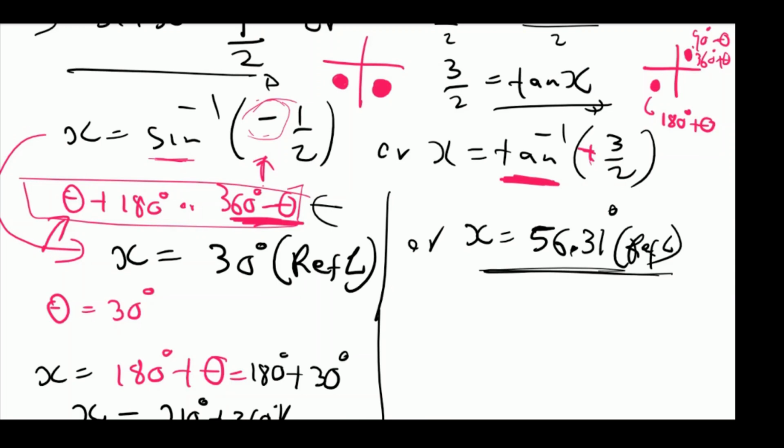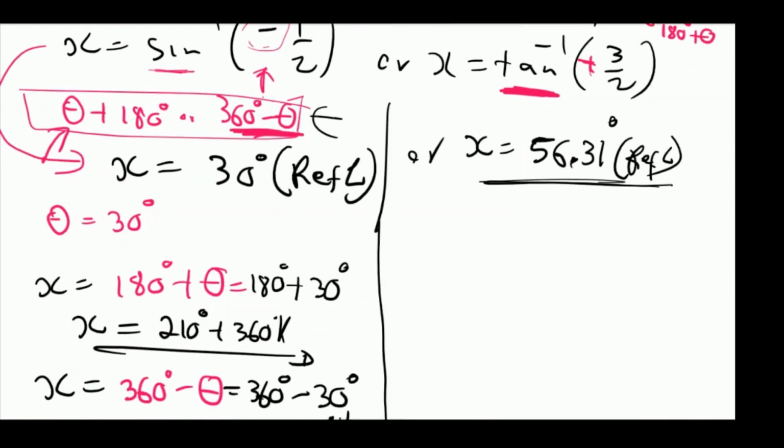So what you're simply going to do is say, okay, fine, I'm going to use 180 degrees plus theta, right? So x is equal to 180 degrees plus theta, of which your theta in this case is 56.31. So it's 180 degrees plus 56.31 degrees.